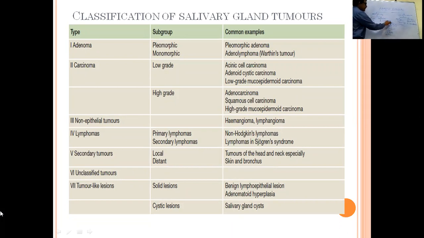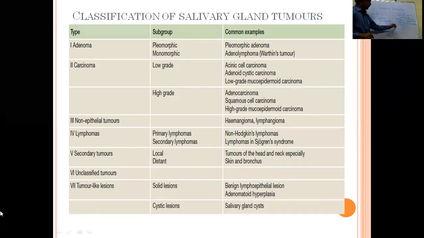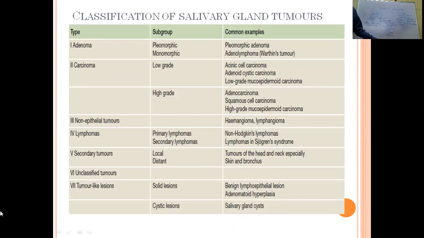Low grade: acinic cell tumors, mucoepidermoid carcinoma, adenoid cystic carcinoma. High grade: squamous cell carcinoma, adenocarcinoma, carcinoma X pleomorphic, that means malignant transformation of pleomorphic adenoma, and that is a high grade tumor. Then you have anaplastic also.